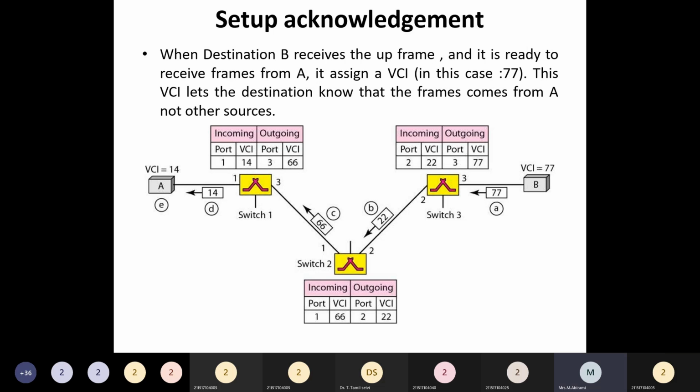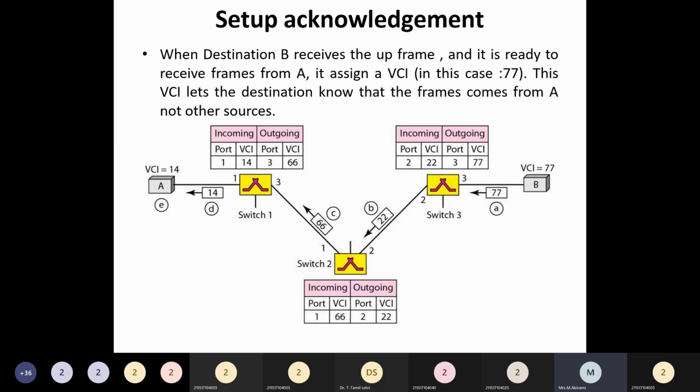So the VCI lets the destination know whether it is acknowledged. We are ready to transfer the data and ready to share the resources from A to B using the VCI identifier.